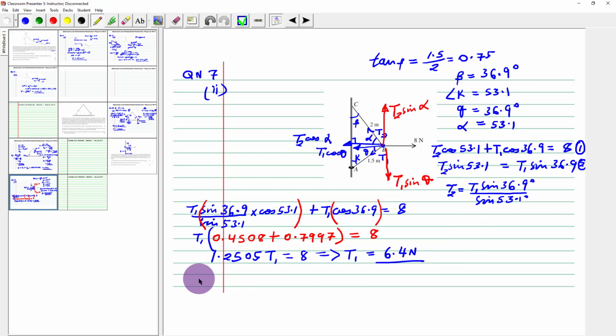So I'm going to say that T2 is going to be equal to the value of T1, which is 6.4, sine 36.9, divided by sine 53.1. And that gives me T2 to be 4.8 newtons.